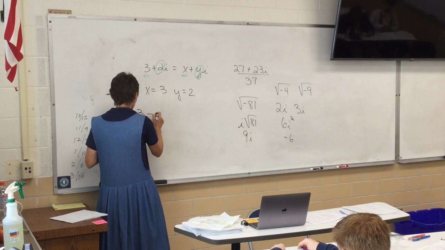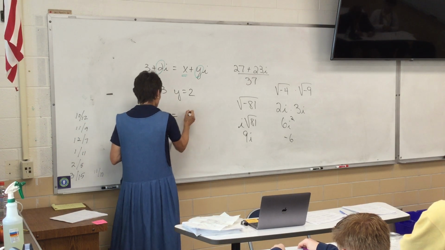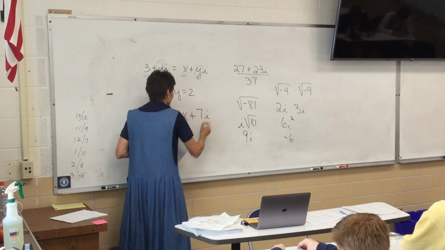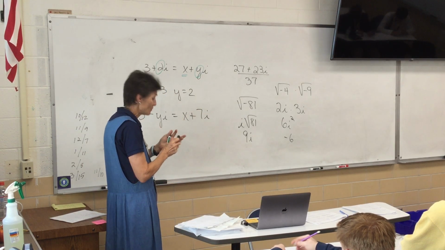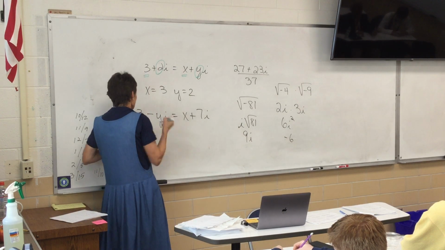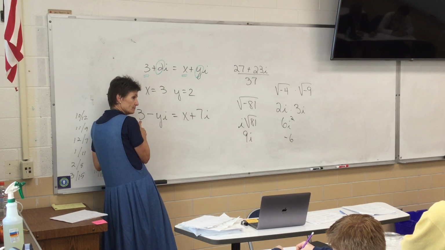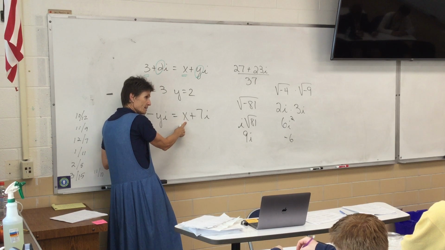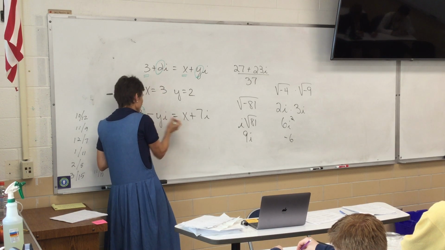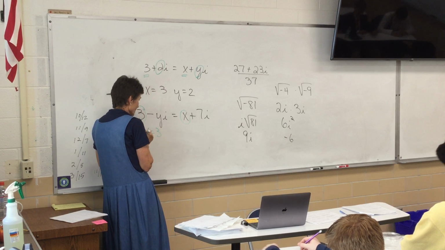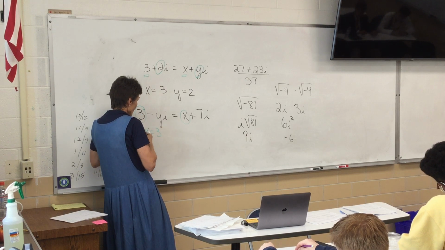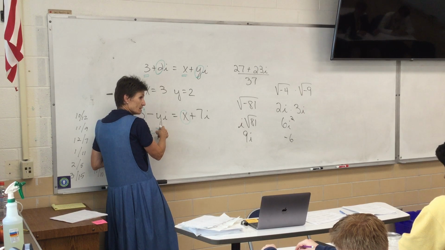We have 3 minus yi equal to x plus 7i. What do you think x is? If you say 3, you're right. See, does this have an i? No. Does this have an i? No. So they are equal to each other. So x equals 3. Now, this does have an i.